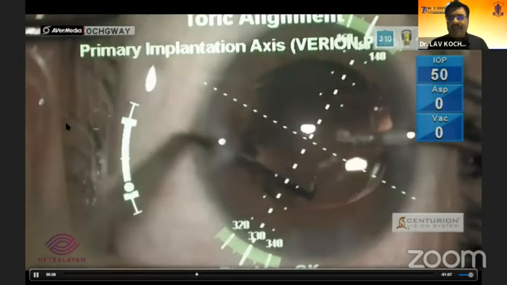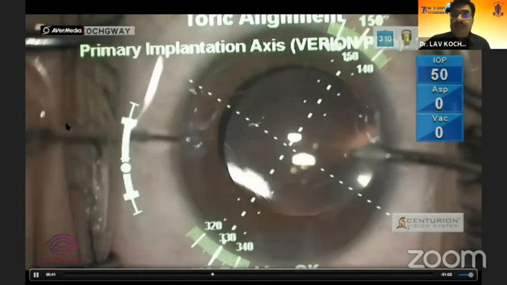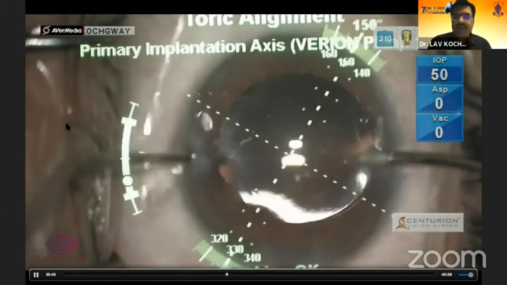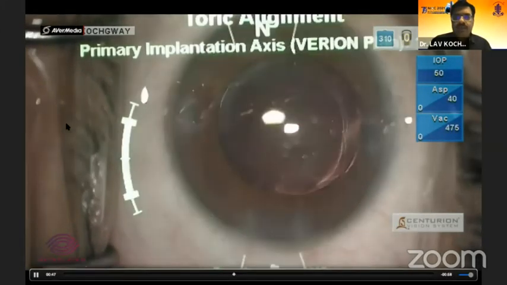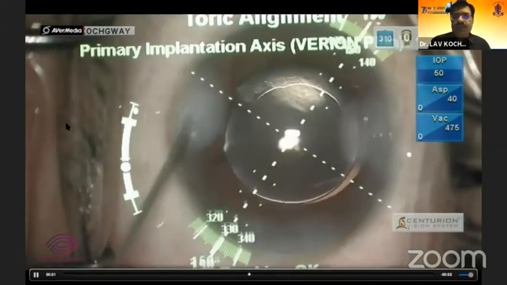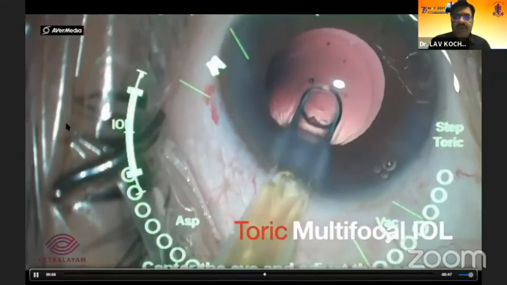And another thing, you save a lot of time in pre-op marking compared to when we used to do it with manual markers. In this, no pre-op marking is required. In the first few cases, just to be double sure, we can do the pre-op marking with the pen and see whether it is matching with the digital marker or not.